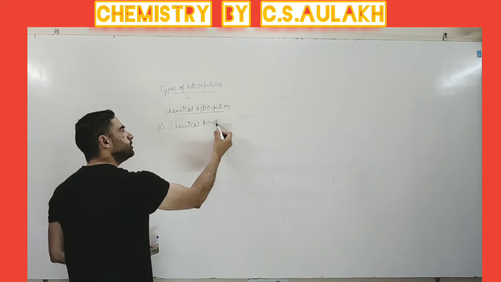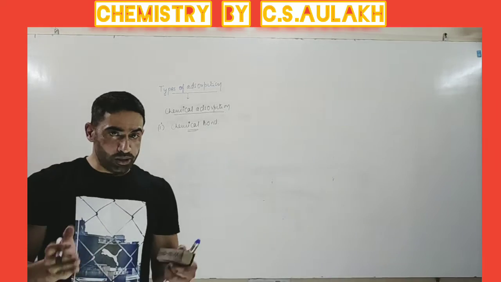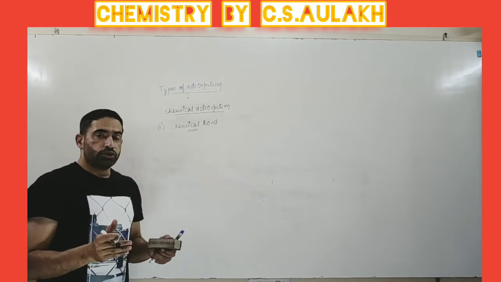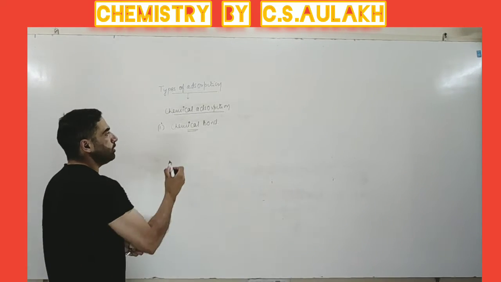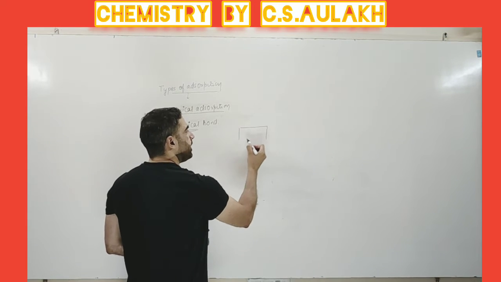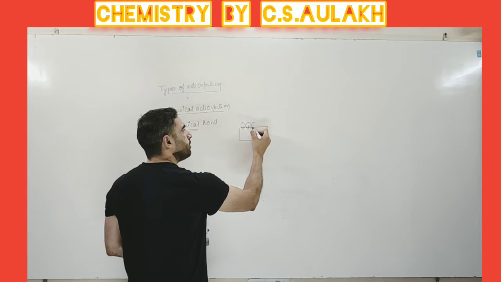I am comparing this with the physical adsorption, because in case of physical adsorption, the adsorption was due to the weak van der Waals forces, but in case of chemical adsorption, there is a formation of chemical bonds between the adsorbate and adsorbent molecules. So what type of force is there?